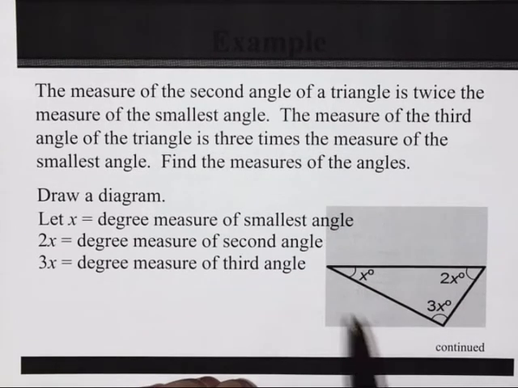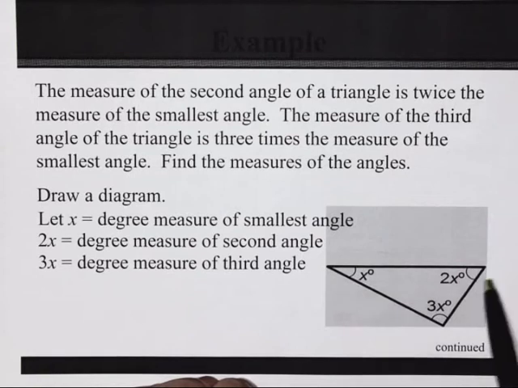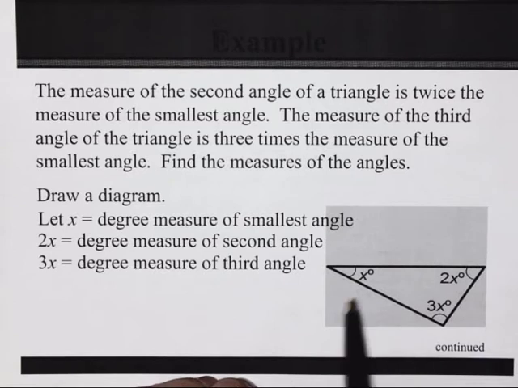So we let the second angle be twice the measure of the smallest. So if the smallest is x, then twice that would be 2x. And the third angle is 3 times the measure of the smallest. And once again, if the smallest is x, then the third angle is 3x. Okay.